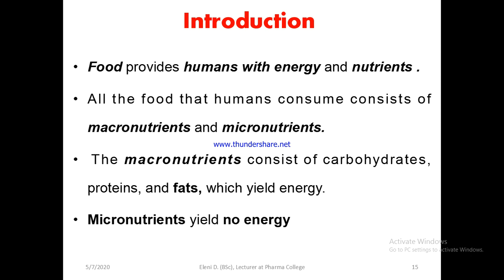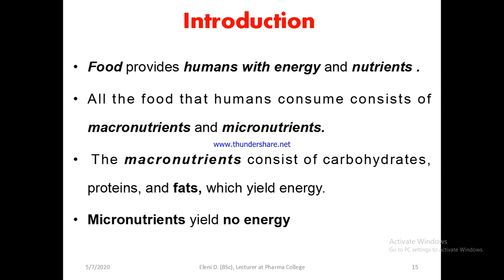So all the food that humans consume consists of the macronutrients and micronutrients that we have discussed earlier. The macronutrients consist of carbohydrate, water, protein, and also fat. Those three nutrient types, the carbohydrates, the proteins, and the fats, yield energy, and they are needed by the human body in recommended amounts.